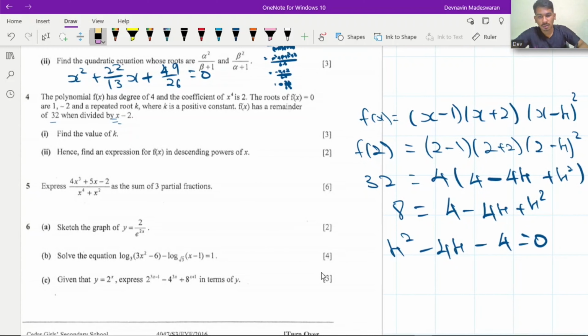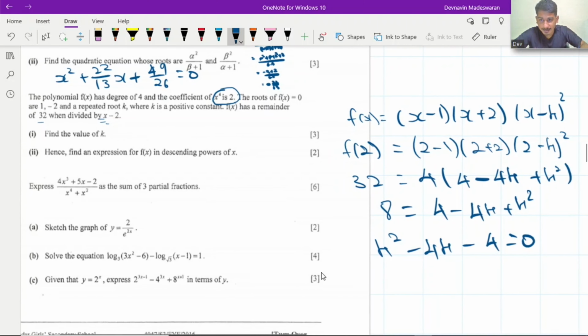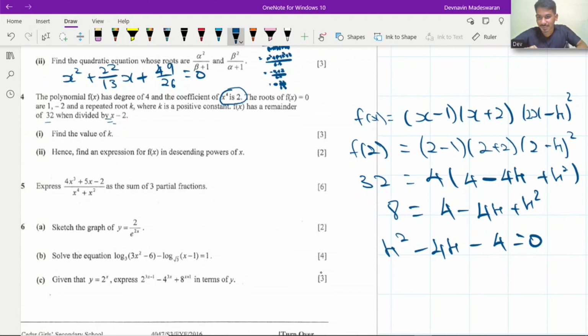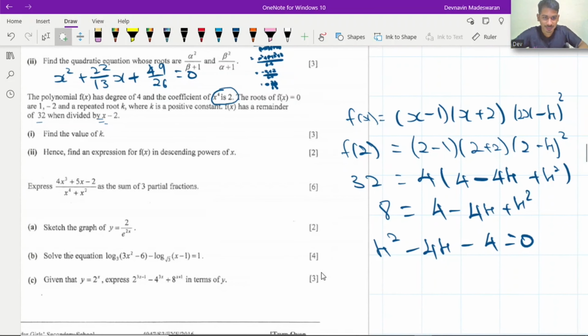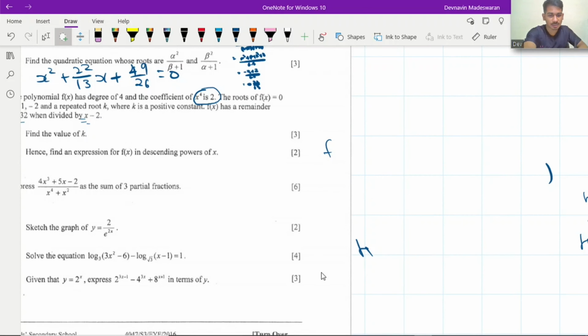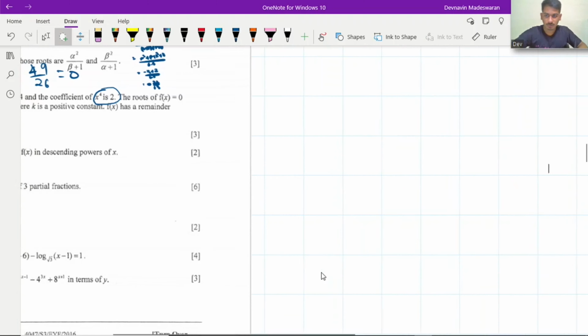Oh, okay, they gave another piece of information, remember? They said the coefficient of x to the power 4 is 2. So, right, we do something like this. Okay, this is nice. I've made a mistake. I'm going to change this. I'll try a different method. This is a good question. So let's do this.